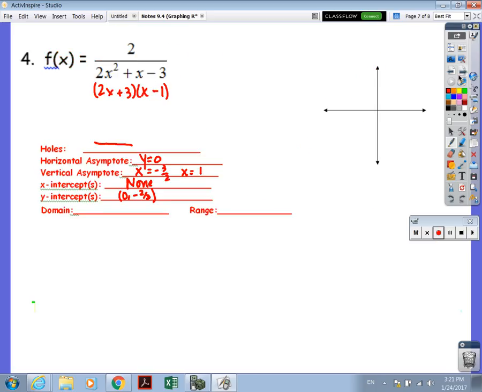The last one, number 4, is also one that's going to have two vertical asymptotes, and this one, unfortunately, is going to have a lot of fractions that come along with it. So I'll start off by looking at my factored form. I know that I'll have two vertical asymptotes, one at 1, the other at negative 3/2, so a little bit further to the left. That's negative 1.5. I know that it's bigger on bottom, so the horizontal asymptote is at 0.